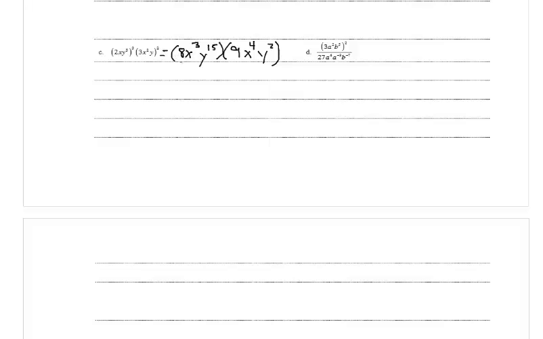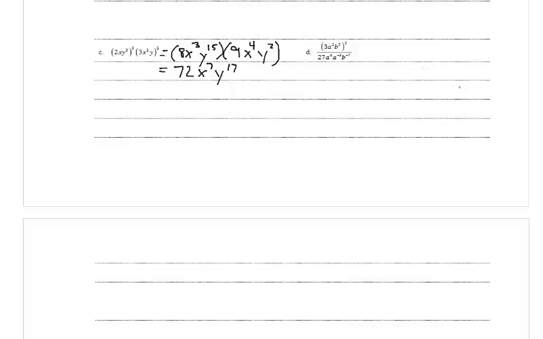And we have constants. So the first thing I'm going to do is multiply 8 and 9, gives me 72. And I have x to the third and x to the fourth. And since I'm multiplying them, I'm adding the exponents, x to the seventh. And I have y to the 15th times y squared. And I end up with y to the 17.